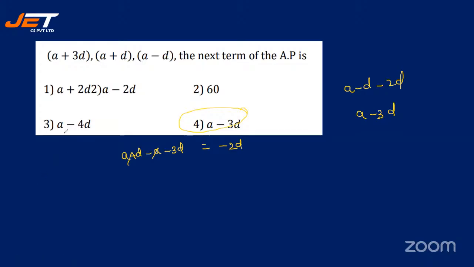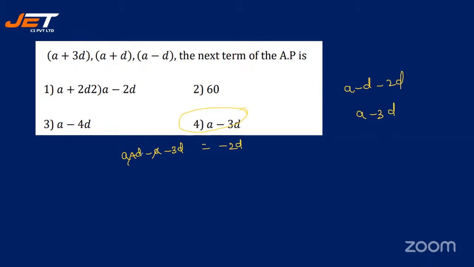Okay. So how is it, students? We are just finding out the common difference. Common difference is second term minus first term. A plus d minus a minus 3d, whereby your a will get cancelled. Minus 3d plus d is minus 2d. So that you have to add to the third term. A minus d minus 2d will be a minus 3d.